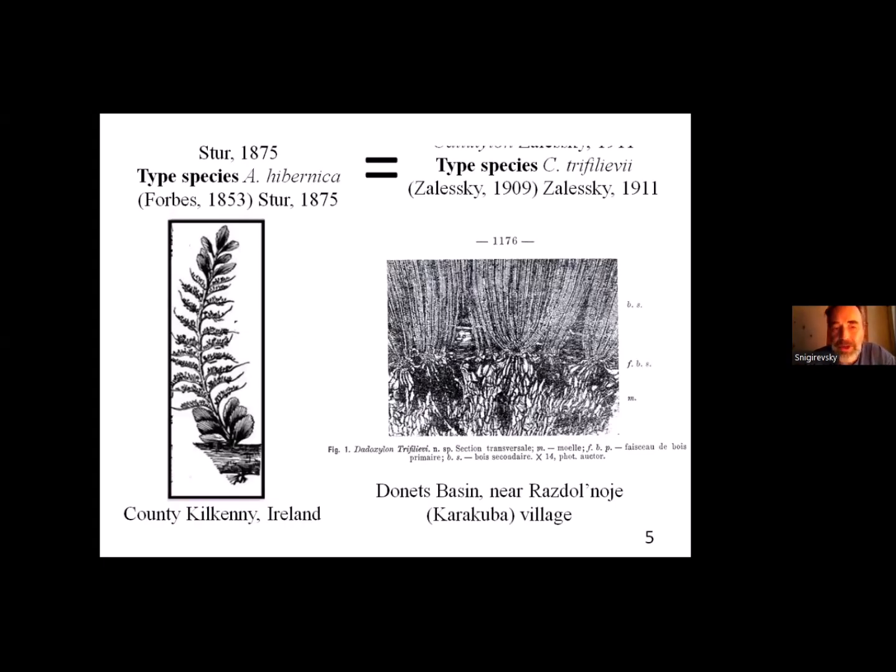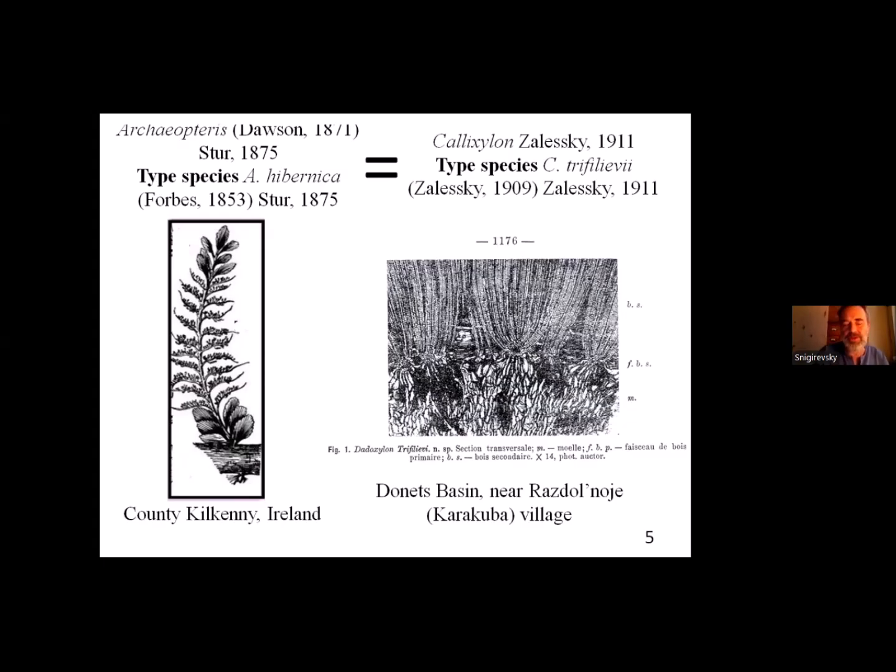Archaeopteris foliage was first described in the middle of the 19th century. It was a usual foliage of different types of leaves.